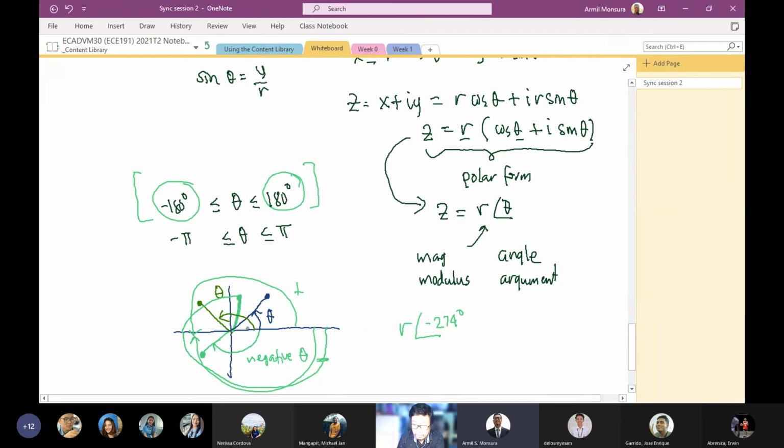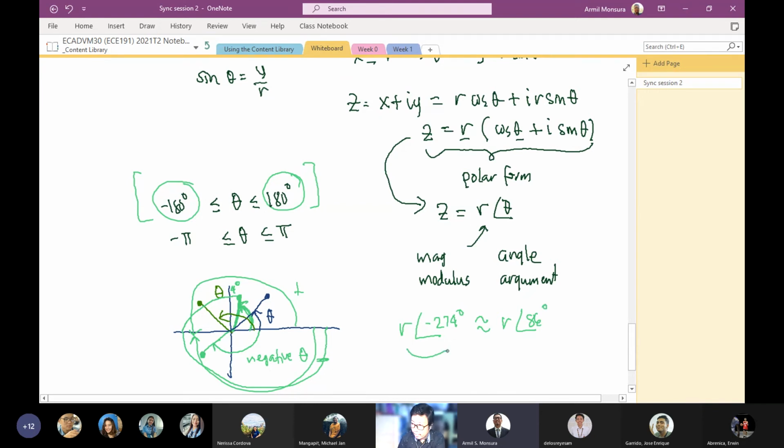And equivalently, you can measure that equivalent angle from here to here. So ano yung equivalent angle ngayon of that one? This is 4 degrees. So ito, pwedeng express as R bar angle, what angle? 86 degrees.